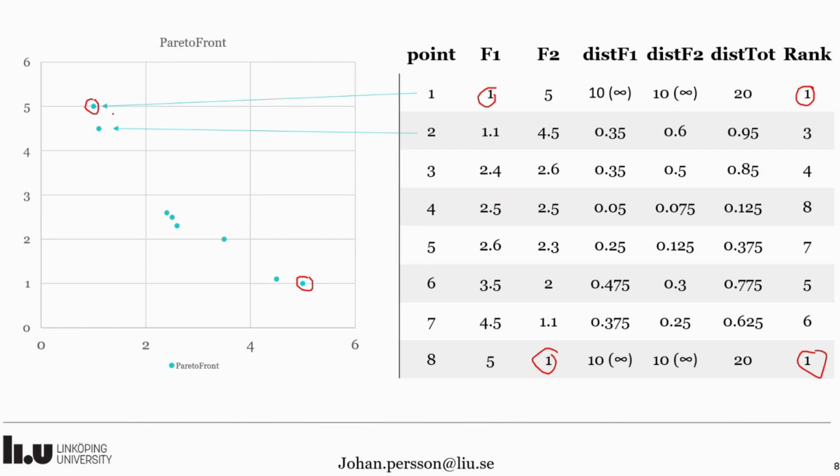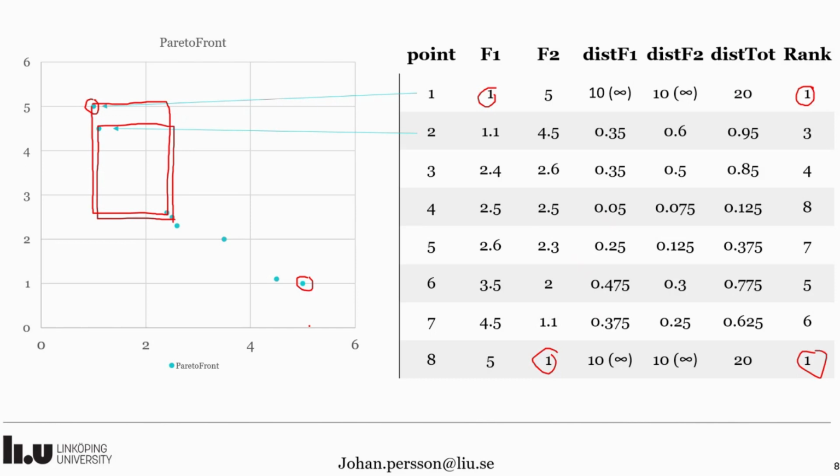The crowding distance will be set to infinity for these, because these do not have any points that have lower F1 or F2 value, respectively. So in this case, point number 2 will have a square that looks something like this, and that is much larger than the other ones, apart from perhaps the one we have here for point number 3.